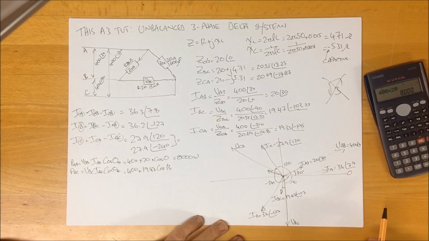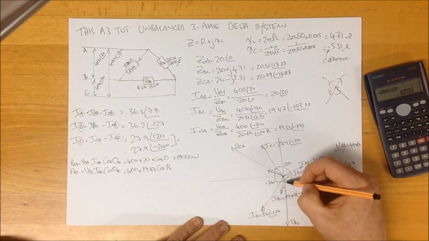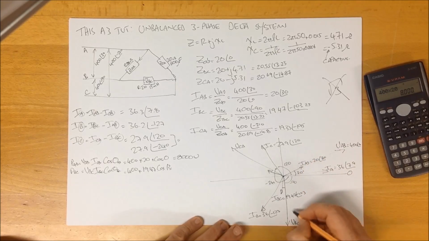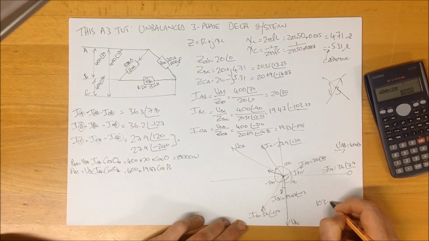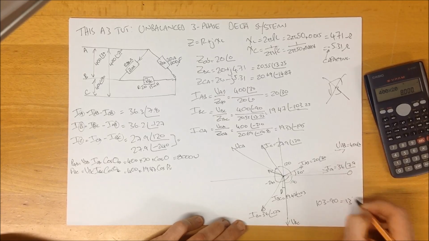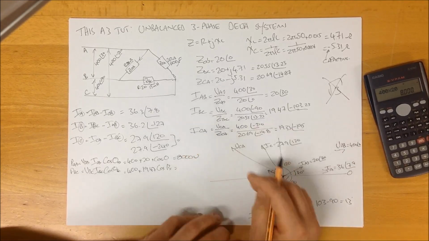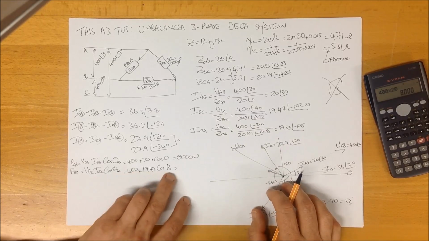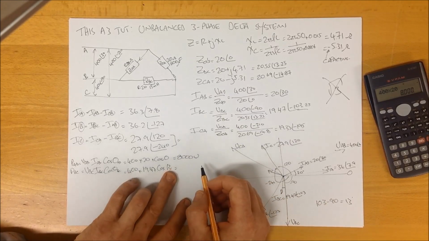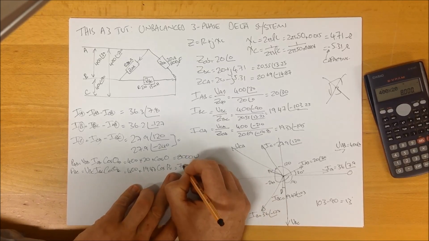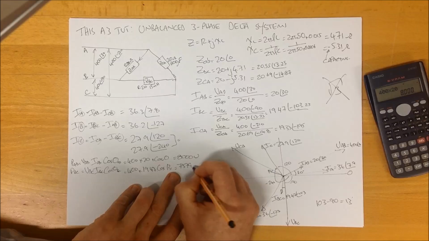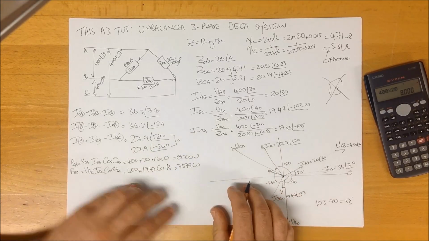Where does 13 degrees come from? It's here. We've got the voltage here at minus 90 and the current at minus 103. 103 minus 90 equals 13. And if we go through and do that calculation, the total power in the BC line is 7579 watts.